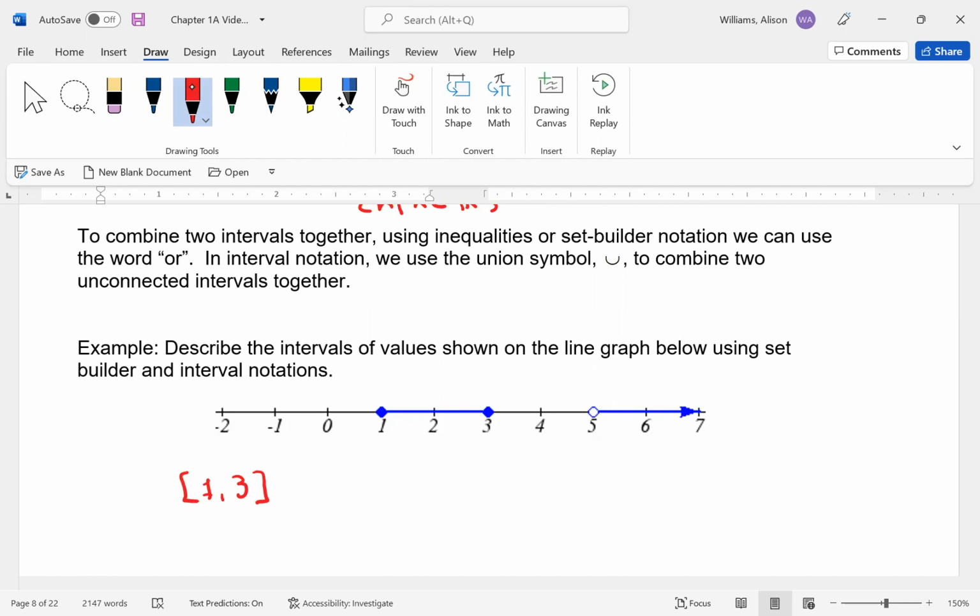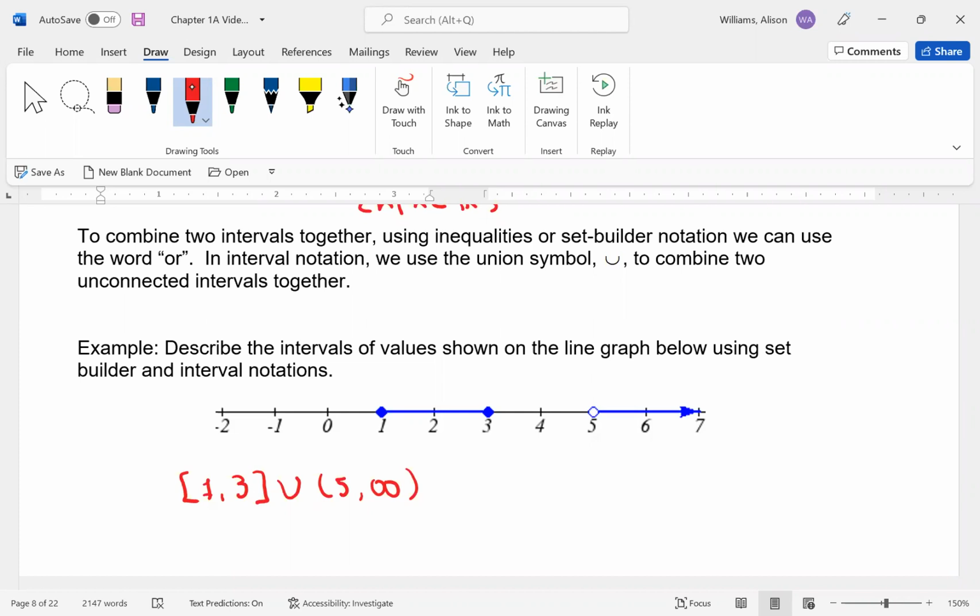And then the second set of numbers from 5 on, I would do a parenthesis. 5 is not included. And since it goes on forever, it goes to infinity. And I always use parentheses with infinity. And then I'm going to put a union symbol because I'm saying that both of these are occurring on the same number line. So that union symbol indicates that they're occurring on the same number line.